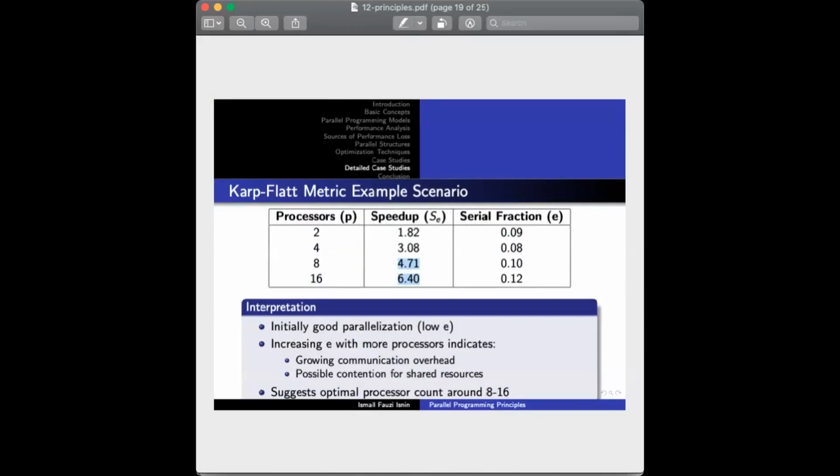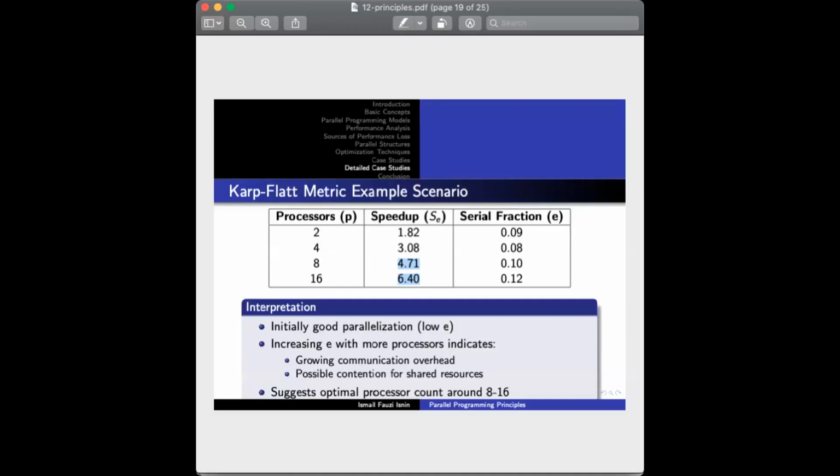However, the noticeable increase in e as we scale out to 16 processors provides a definite diagnosis: our system is experiencing growing parallel overhead, likely caused by network communication delay or contention for shared resources.